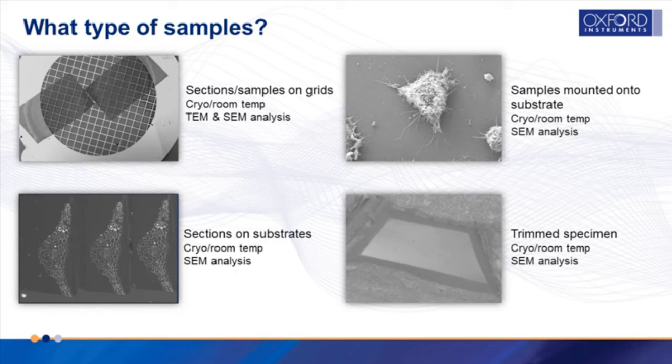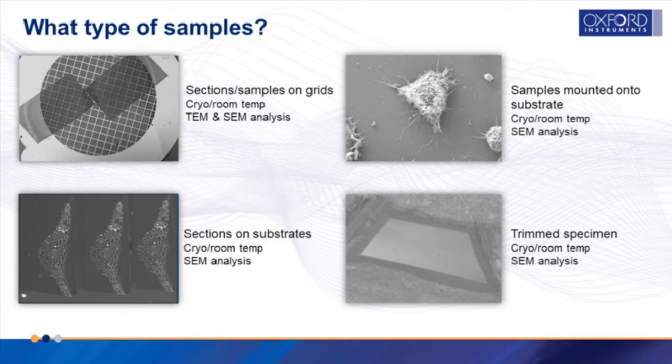I have a few images on this slide of samples I have successfully collected data with. Sections produced from frozen hydrated samples or traditionally prepared fixed and resin-embedded samples can be imaged on grids in both TEM and SEM, and when mounted on different substrates, such as for serial section array tomography SEM techniques.